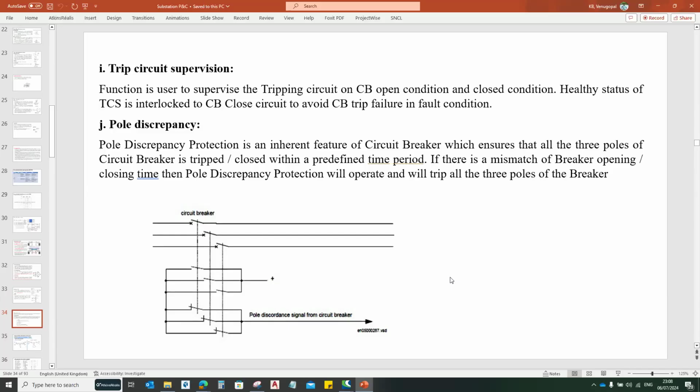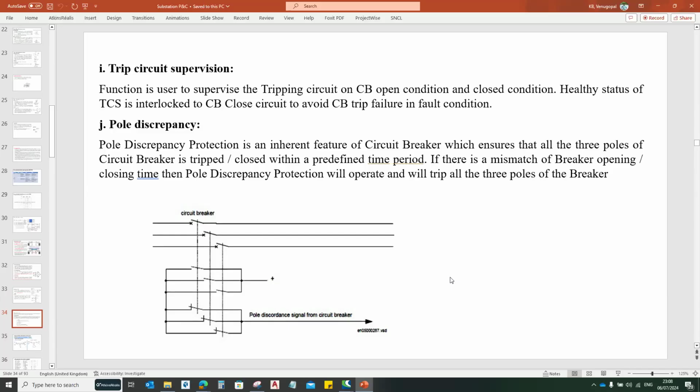If everything is okay, then only you should give the close command to the circuit breaker. That is called pre-close supervision. Once the circuit breaker is closed, the system is in operating condition. This time also you need to supervise the trip circuit. That is called post-close supervision.